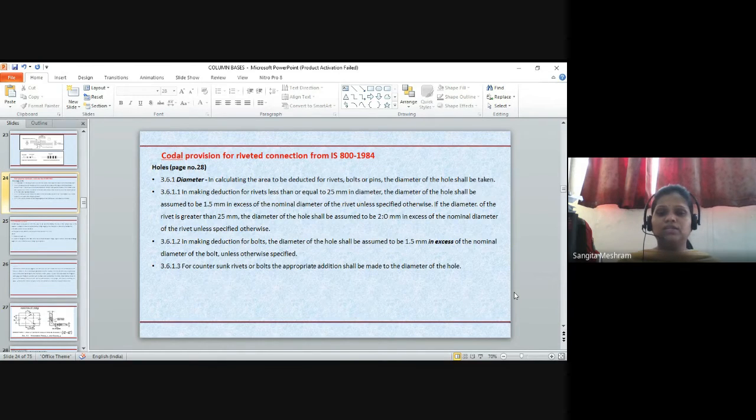That is nothing but your diameter of hole. In making the deduction for rivets, suppose 20 mm diameter of bolt is given, so diameter of hole should be, we have to increase by 1.5. Just see these clauses. These clauses are used.